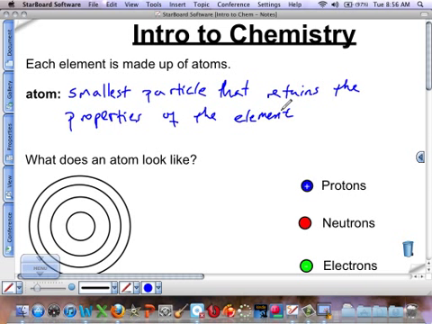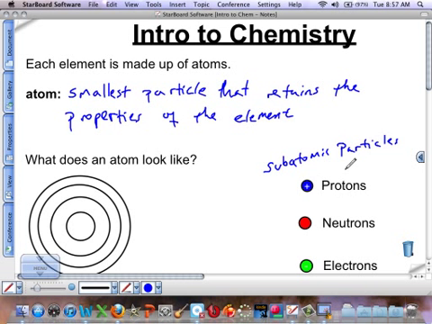Now there are 3 things that make up an atom. We call these subatomic particles. Now I'm going to test your awareness for things around you. What are the 3 subatomic particles? Say it louder, Bree.